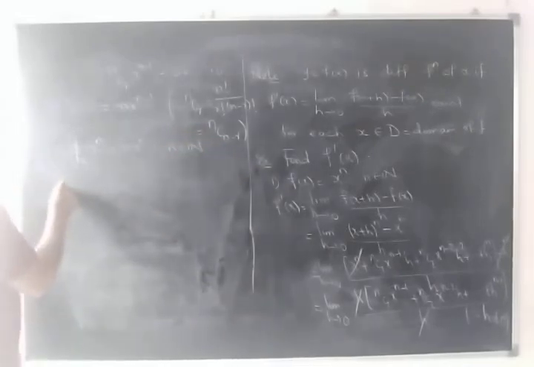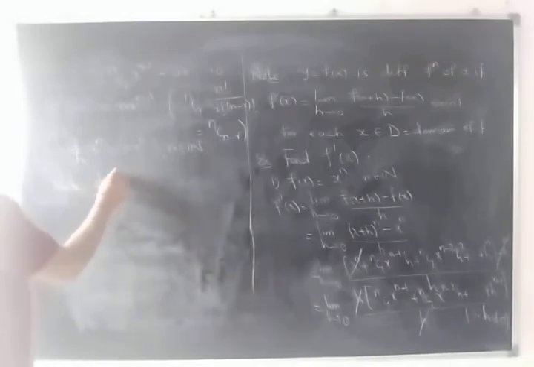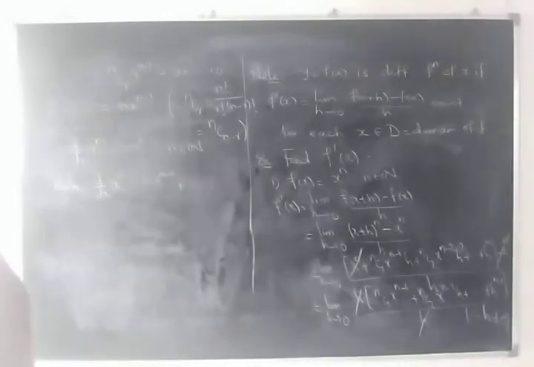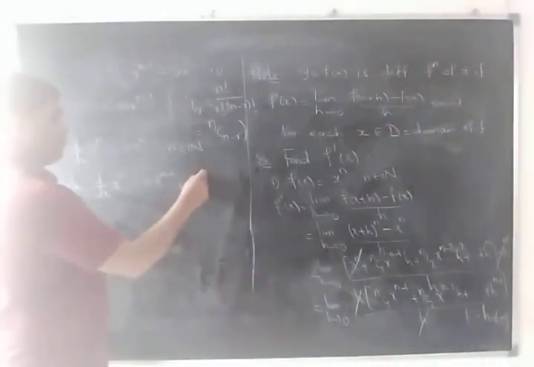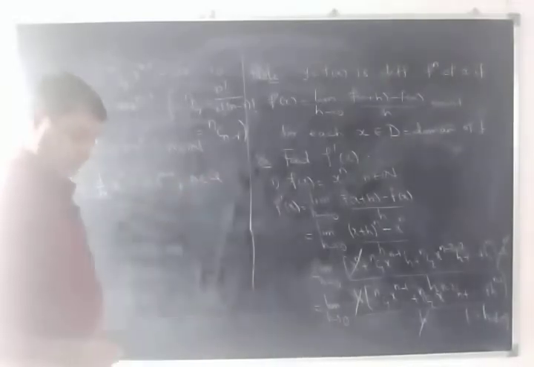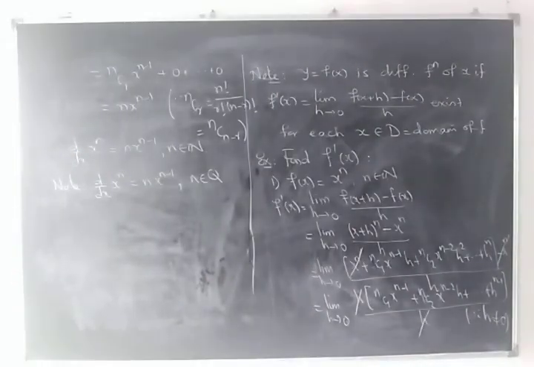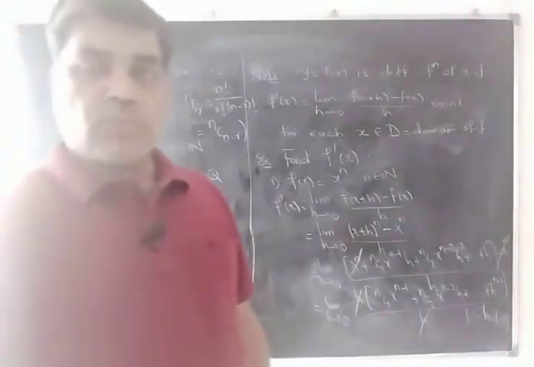So note, dy/dx of x^n is equal to n into x^(n-1) for n belongs to Q also. If I take a negative number also, this formula is true.